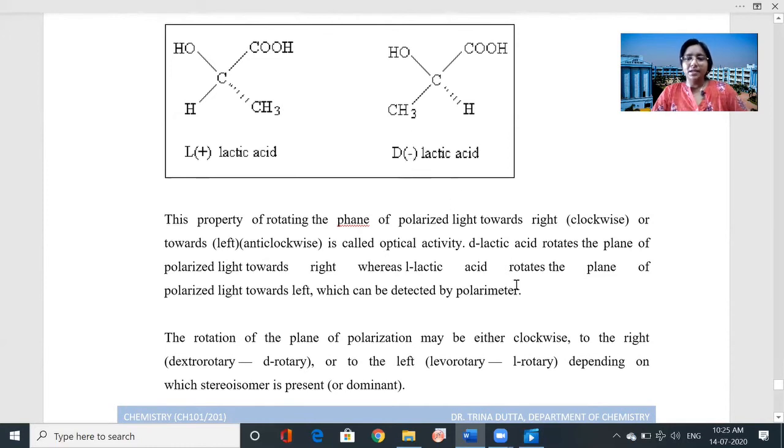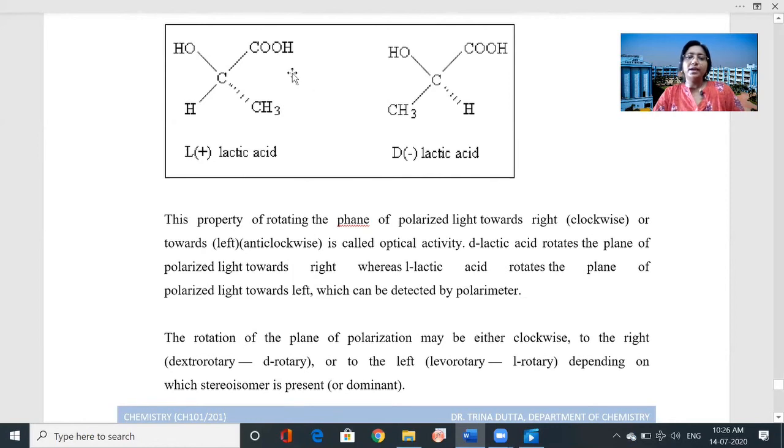One molecule rotates the plane polarized light toward the rightward direction, that means clockwise. Another moves the light anti-clockwise, or to the left. So the D lactic acid rotates the plane polarized light toward the right, whereas the L lactic acid rotates it towards the left.